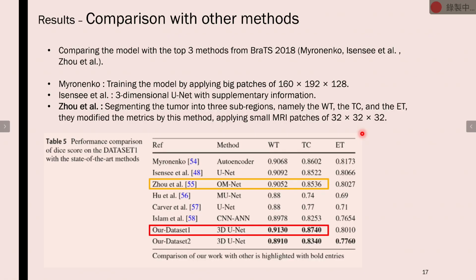And this proposed 3D UNet performs better than these three models in the whole tumor area and tumor core area segmentation. It means that this proposed model can achieve competitive results using a simpler architecture.